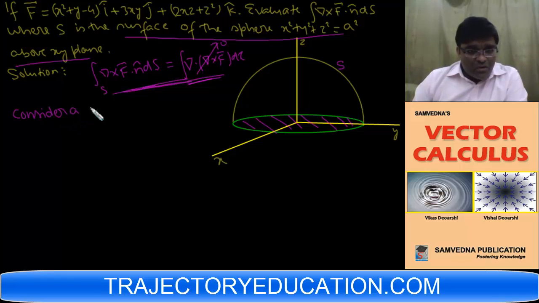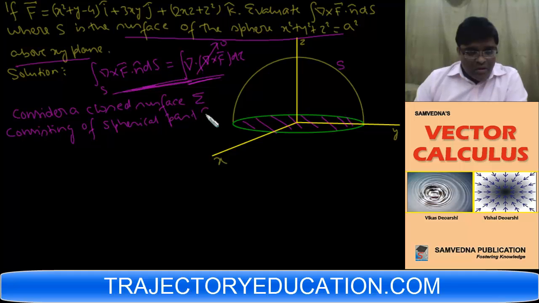So let us consider a closed surface sigma consisting of the spherical part S, and let me call the base S dash.